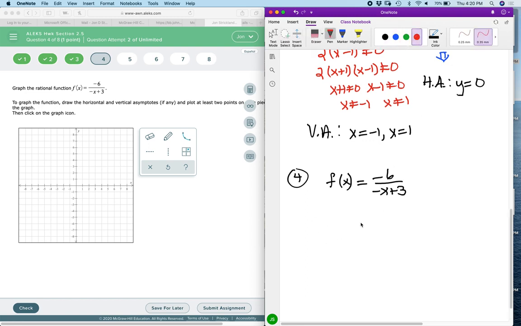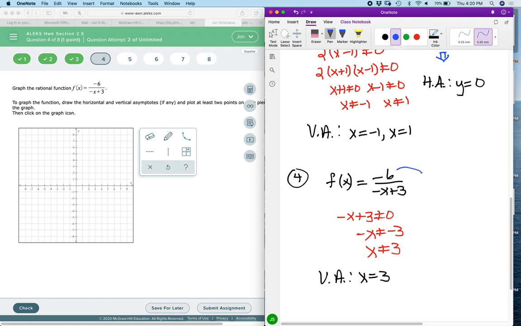Okay, so for the function to be defined, negative x plus 3 cannot be 0. And we have that negative x cannot be negative 3. And changing the signs, we have that x cannot be equal to 3. And since negative x plus 3 is not a factor of negative 6, we have our vertical asymptote at x is equal to 3.